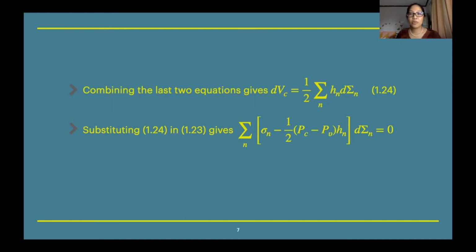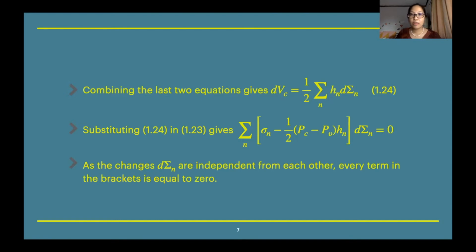The expression is equal to 0. So it follows that the bracketed term must be equal to 0. As the changes d sigma sub n, those related to the area, are independent from each other, every term in the brackets is equal to 0.